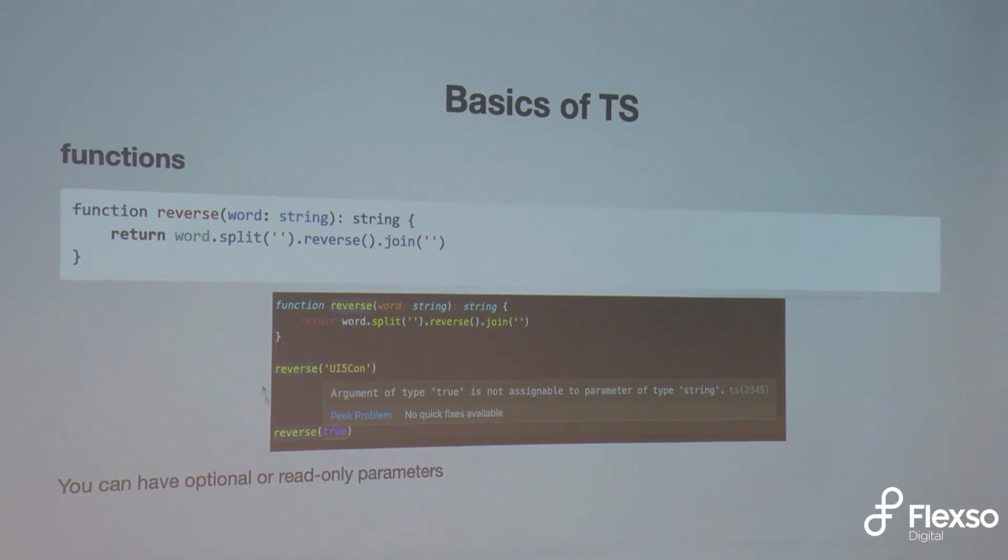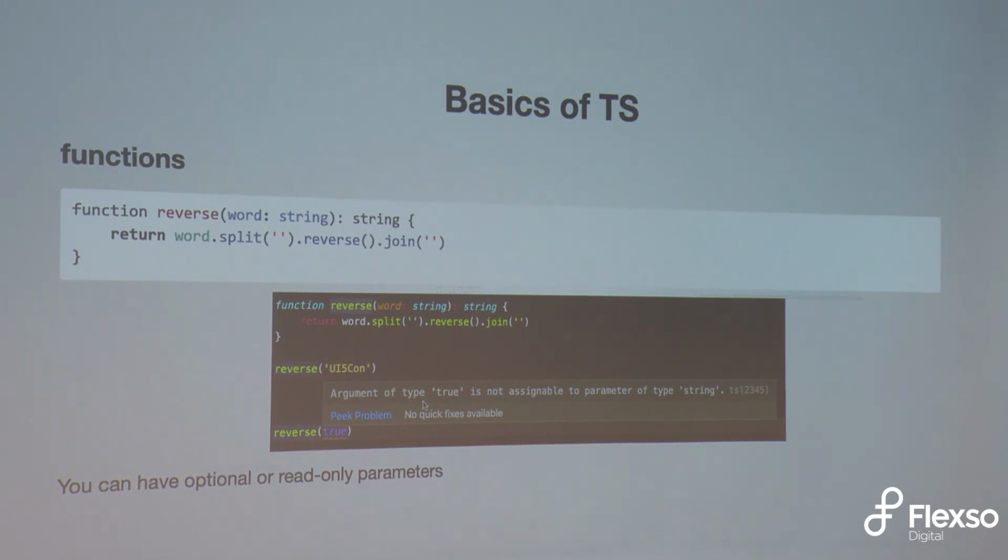And here in the example, in the screenshot below, you see that I call this function once with a string, and everything is fine. And when I call it with a Boolean, with a true value, the TypeScript compiler and the IDE complain about the error.